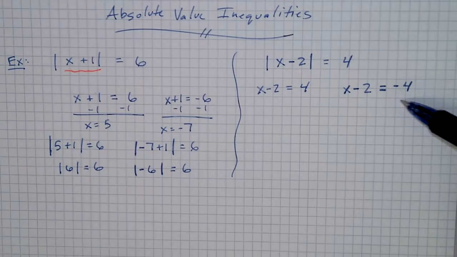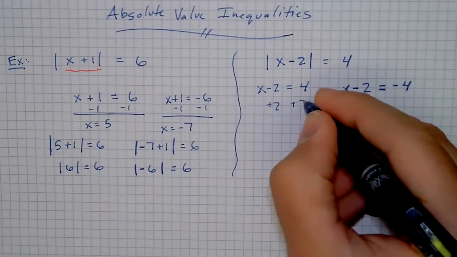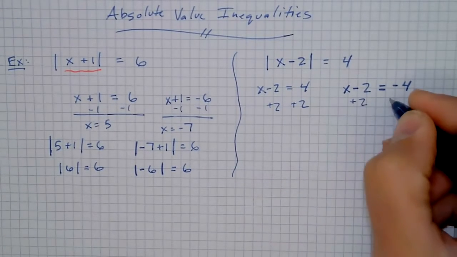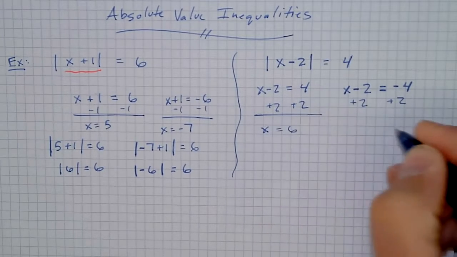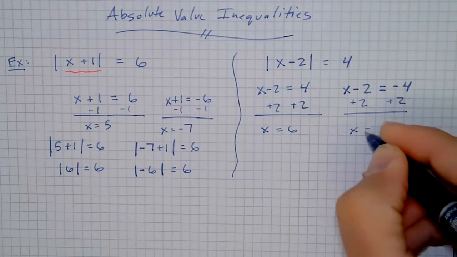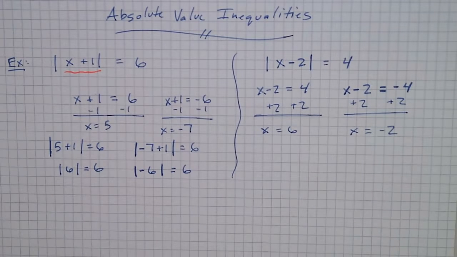On the second equation, the only thing you're changing is that this becomes negative. That's going to be helpful when we start using inequalities. So we get our two answers of 6 and negative 2.